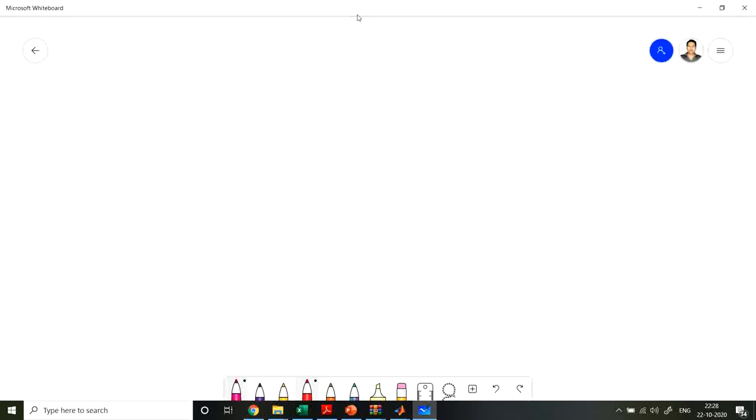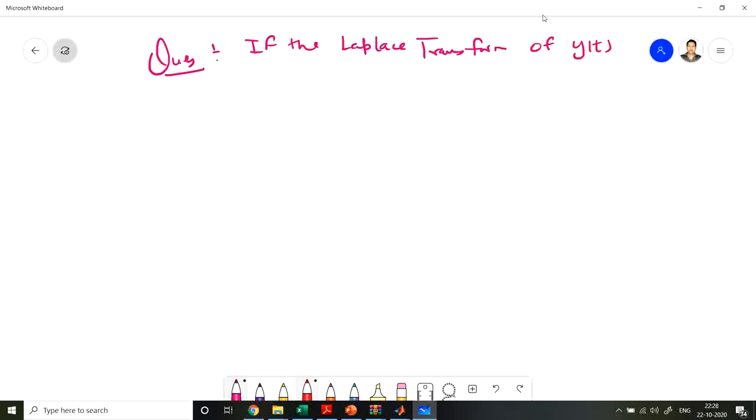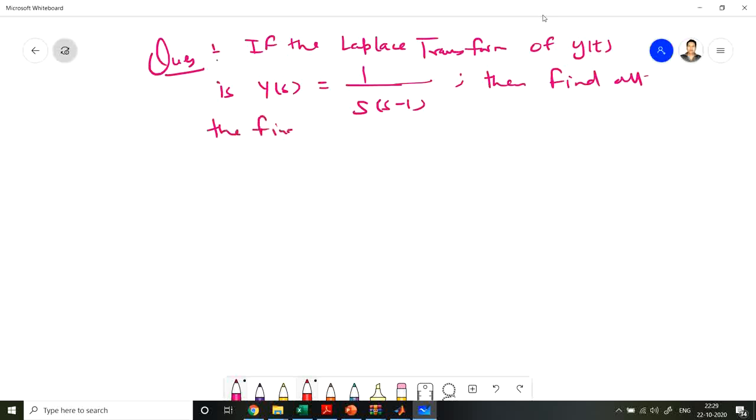Next problem: if the Laplace transform of y(t) is Y(s) equal to 1 divided by s(s minus 1), then find out the final value.